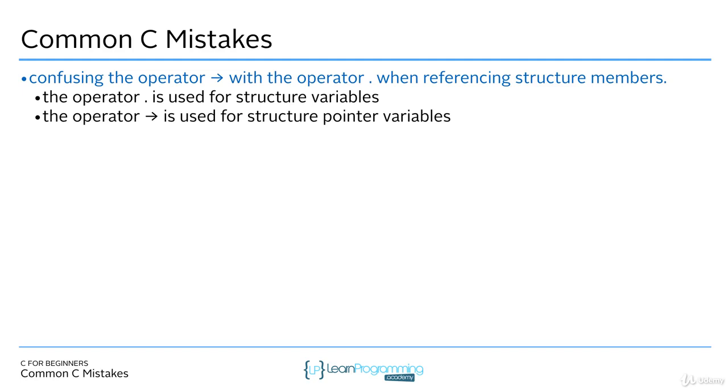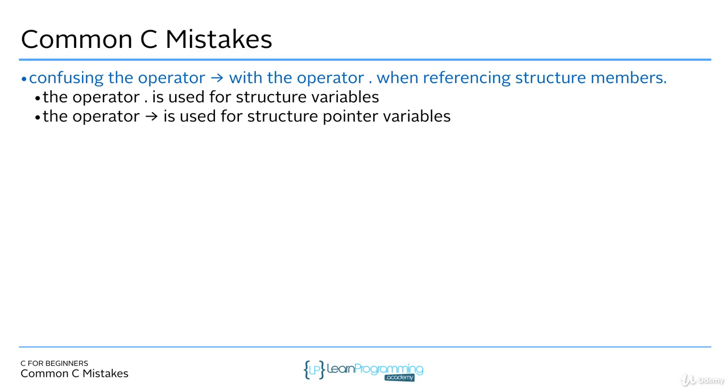In pointers, when you want to access, or even in a struct, when you want to access something by a pointer, you have to use the dash greater than symbol. That's used when you're accessing a pointer element. So if you have a pointer that's pointing to a structure, that's how you access it.